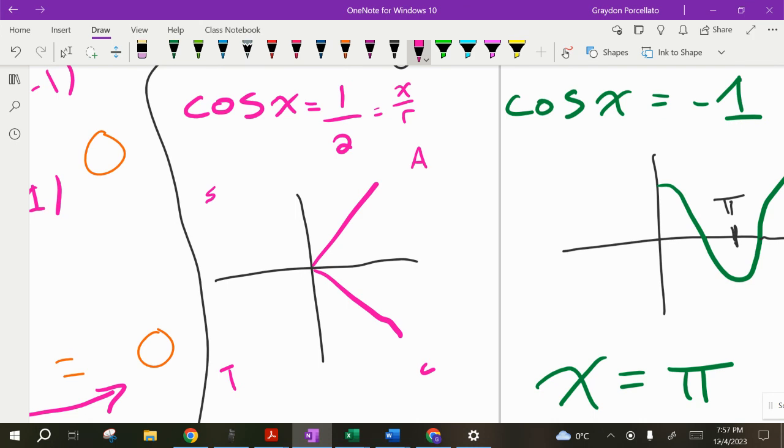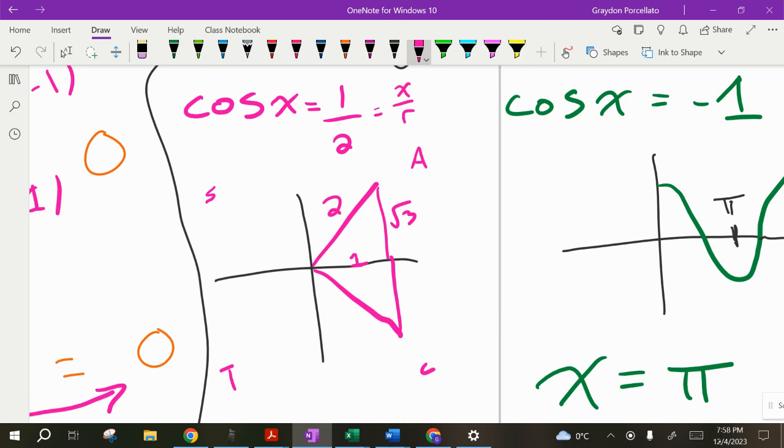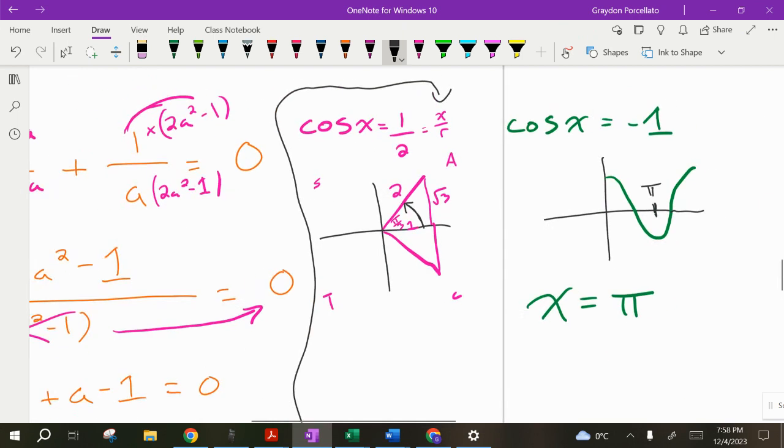My x coordinate is 1, and my r is 2. Using your special triangles, the missing side is root 3. Continuing to use our special triangles, we know that this angle here is pi over 3. So my first angle, the angle from here to here, is pi over 3. So that's my first solution: x equals pi over 3.